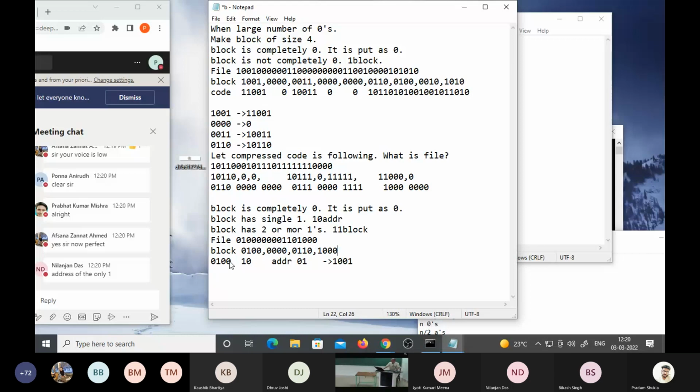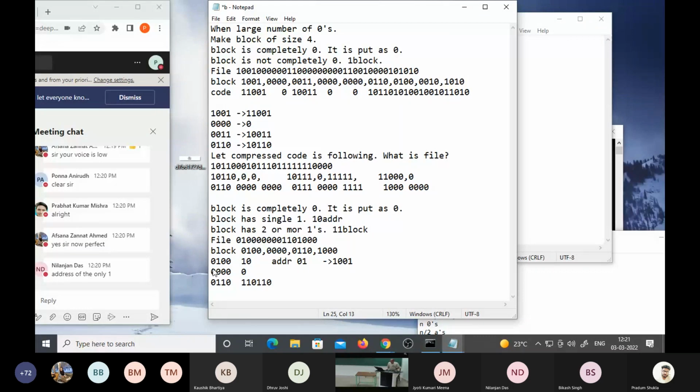Now, what is 0000? It is a full block of 0, so it is 0. What is 0110? It has two ones, so this is 11 followed by 0110.